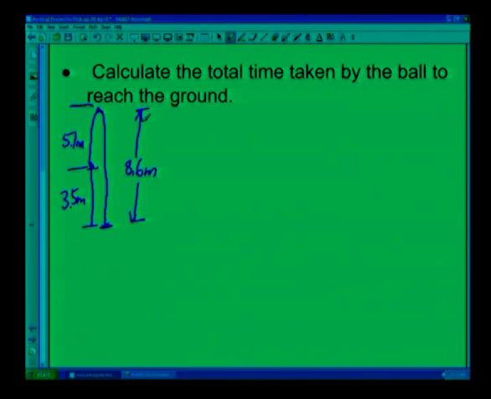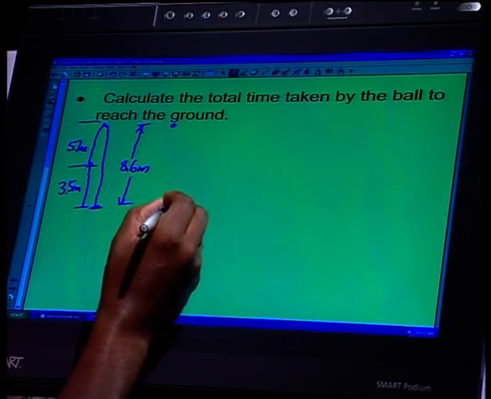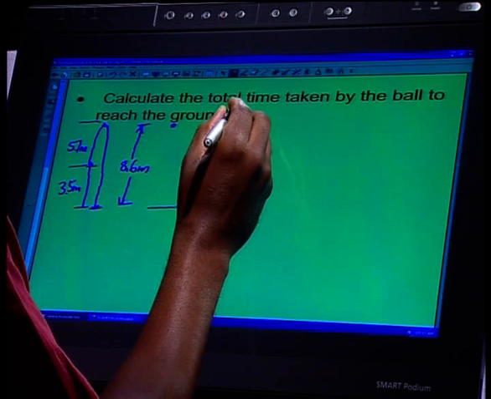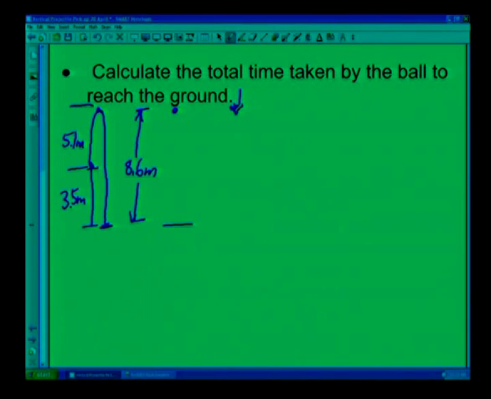If we regard the return trip of the ball from the top to the bottom, let's take the downwards to be positive because we're looking at one particular trip here. So if we take the downwards to be positive, it would mean that our g is now plus, because g is always downwards, I think you know that.